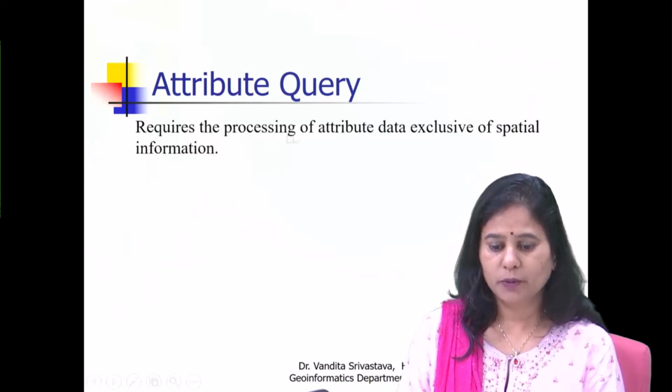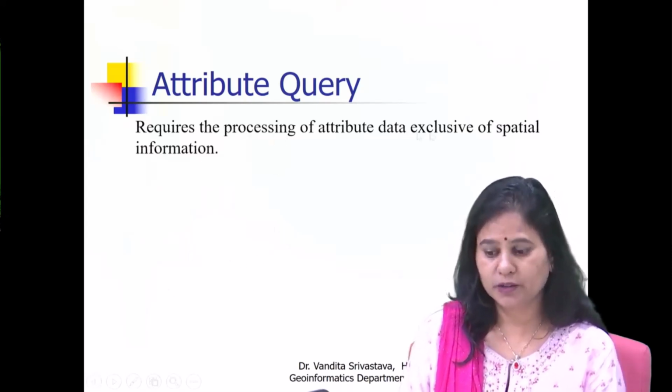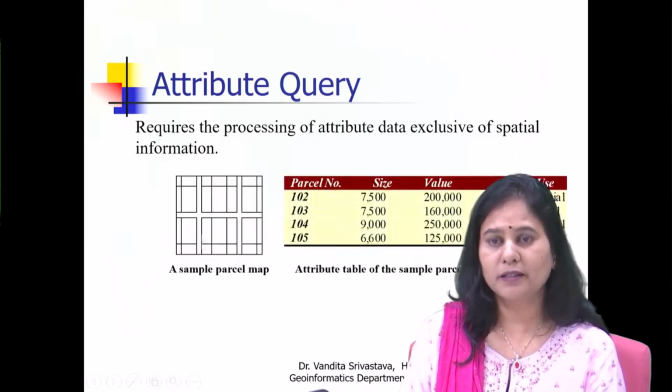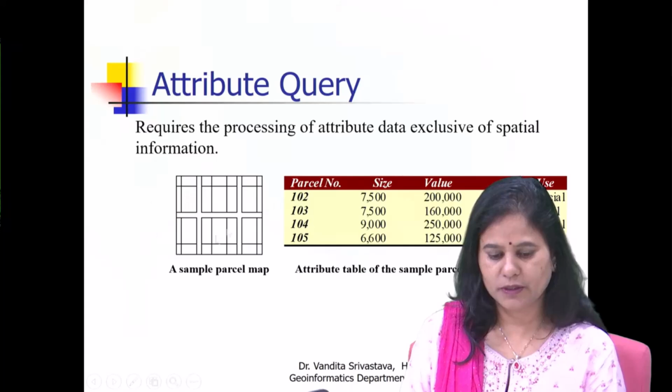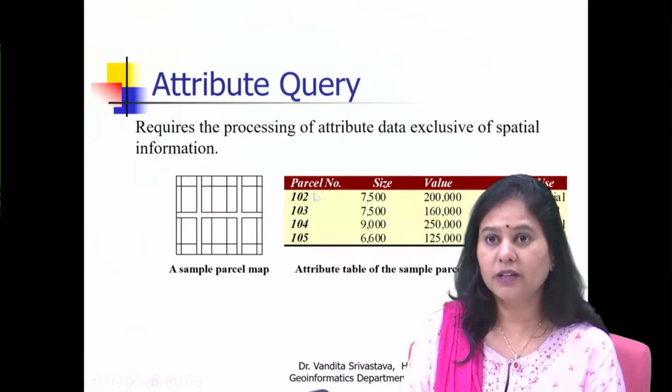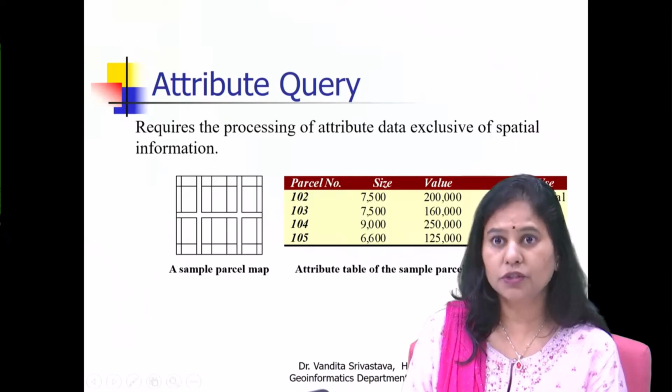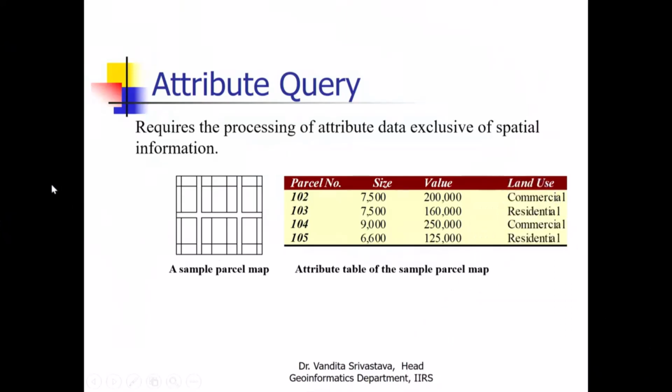It requires processing of attribute data exclusive of spatial information. So for example, if I have a parcel map which is represented here, and its attributes like the parcel number, size, value and land use type of each parcel are listed here. Now suppose I ask a question to the database, once having prepared the database of a study area.